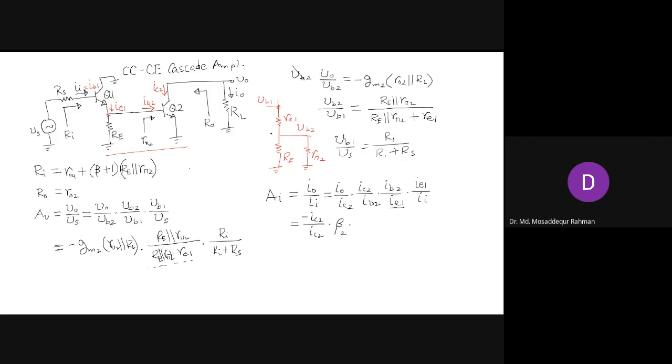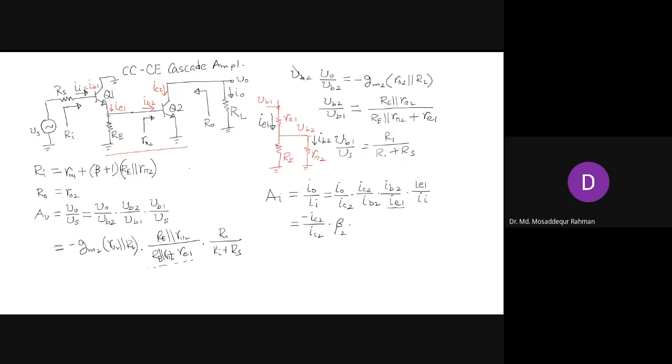So if you look at this, the T model, the part of the T model on the emitter side of Q1, you see that we have all these branches. IE1 is the current that is flowing through this RE1, and IB2 is the current that is flowing in R pi. So that is our IB2. So if you look at this diagram here, you see that this current IE1 is basically branching out, right?